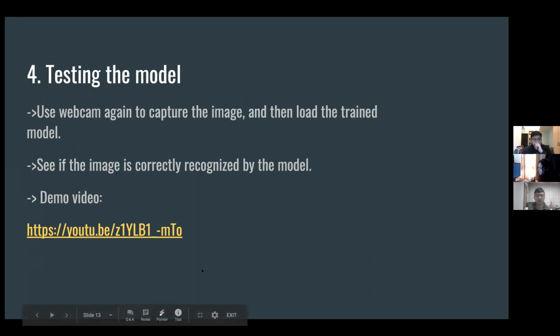Now our model is trained, and we will test the model by using the webcam again to capture the image shown, and then we will load the trained model to see if the image is correctly recognized by the model. Now here is a demo video related to it.